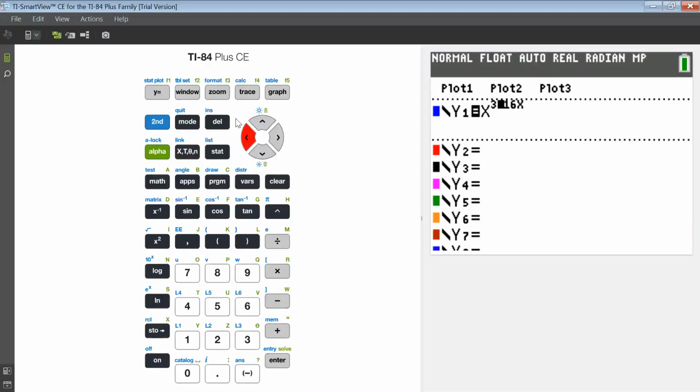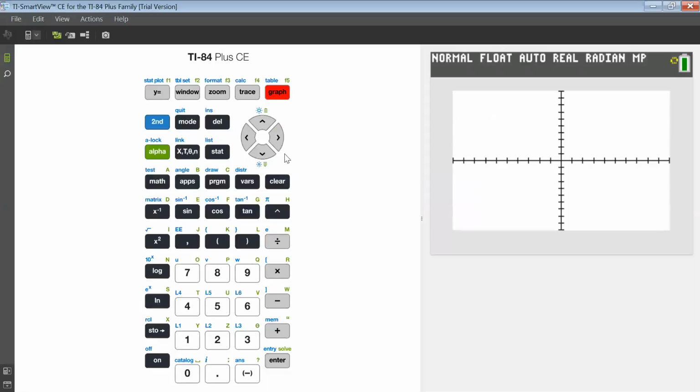I'm going to have to move my cursor over one more. There you go. Minus 16x, all divided by, and then I'm going to put in parentheses, x raised to the third power minus 6x squared plus 8x. I'm going to close that off, and I want to graph it.